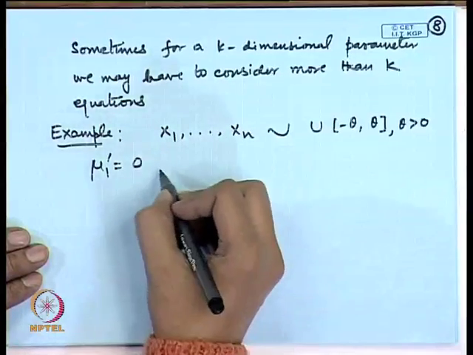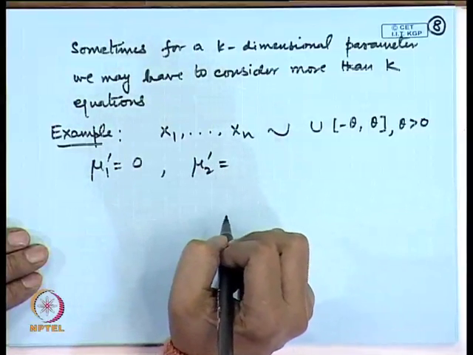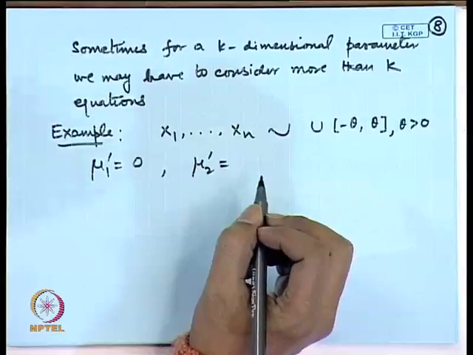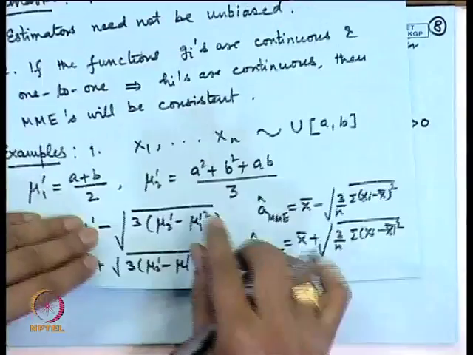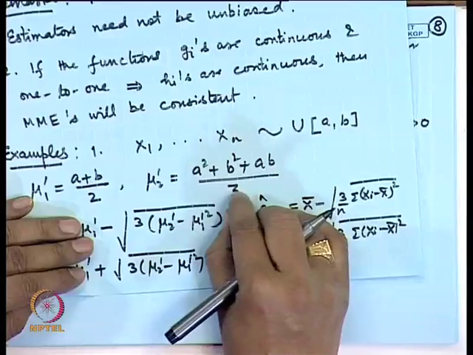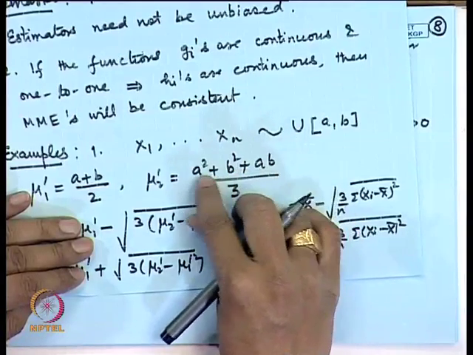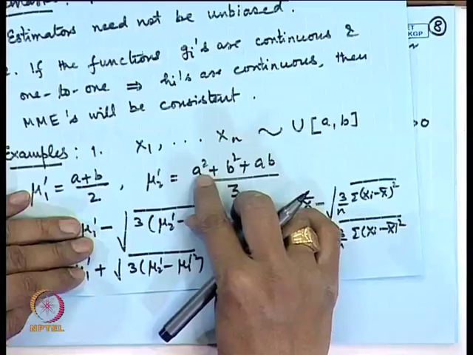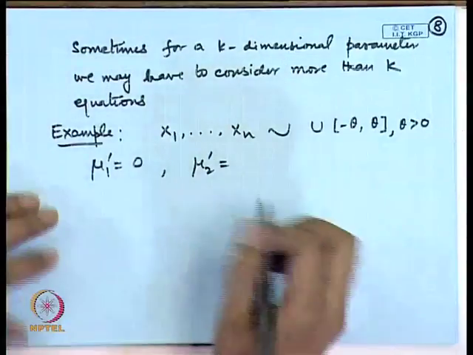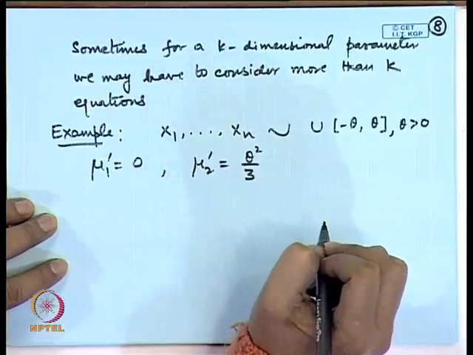So, a natural thing is to consider the second moment here. The second moment here turns out to be, if we substitute in the previous formula, theta square by 3, because a is minus theta and b is plus theta. So, if I substitute it here, I will get theta square plus theta square minus theta square by 3. So, that is theta square by 3.